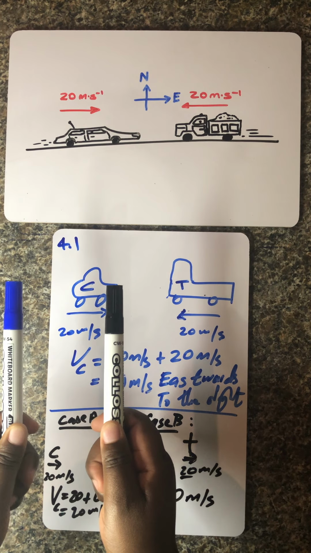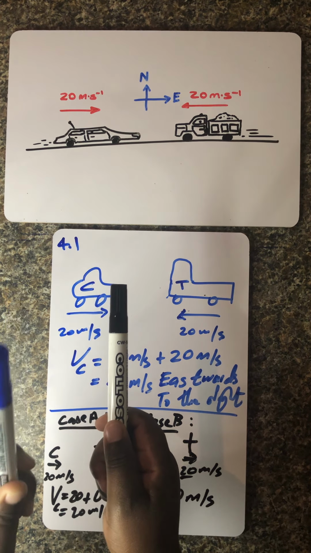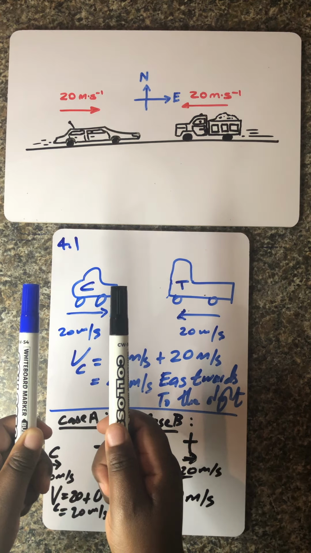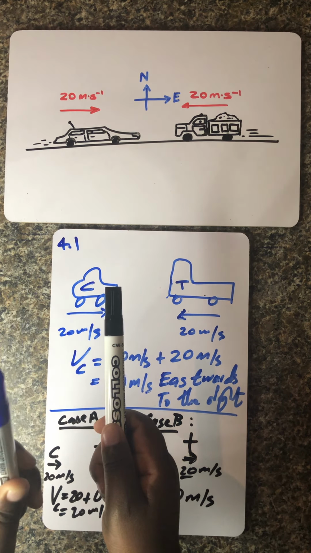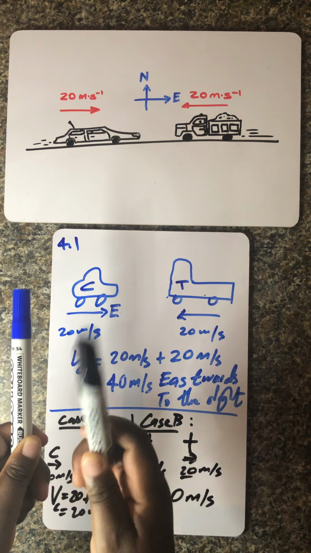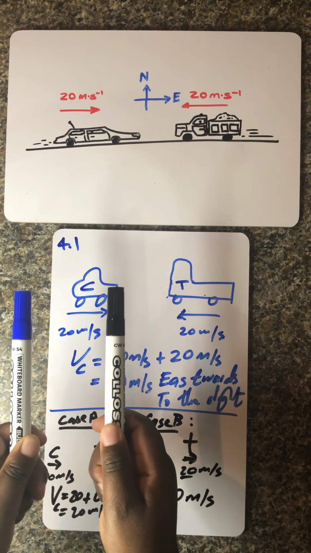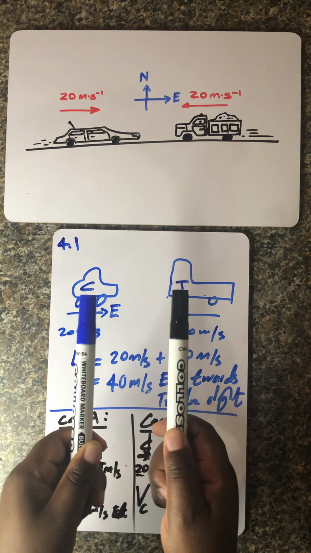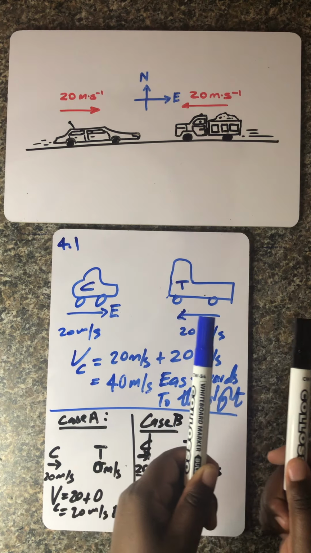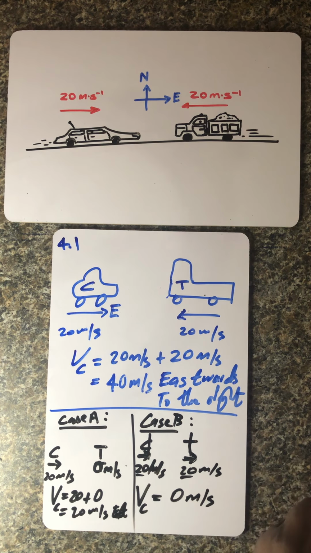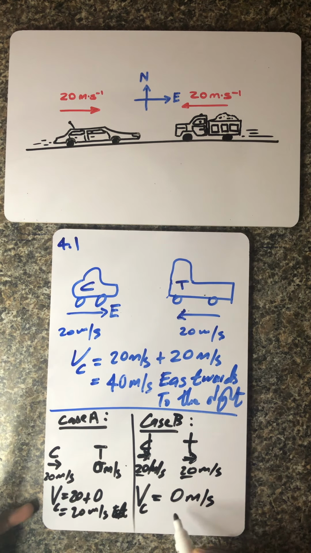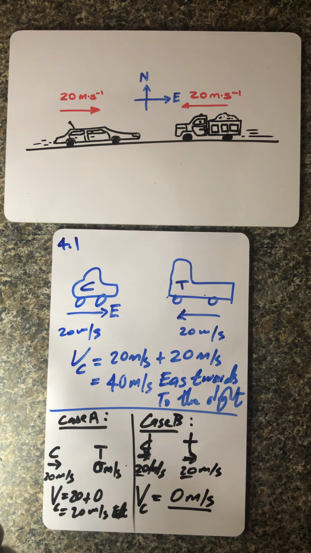So have a look at the speed of the car relative to the speed of the truck. They're both moving in the same direction at the same speed. Can you see, ladies and gentlemen? Nothing is getting closer to the other. That means the car is not in any way getting closer to the truck. That's why it's 0 meters per second.